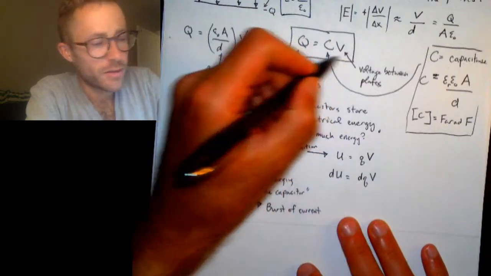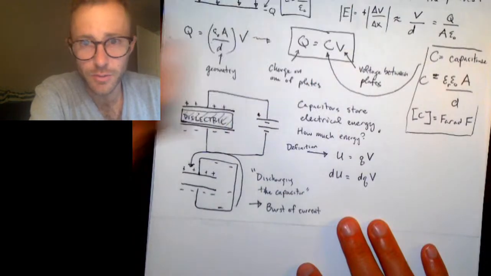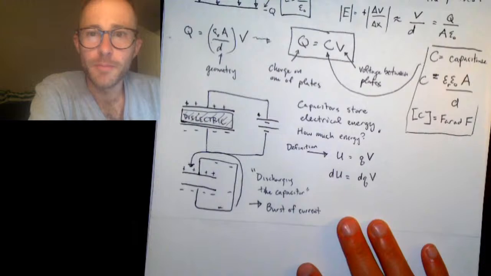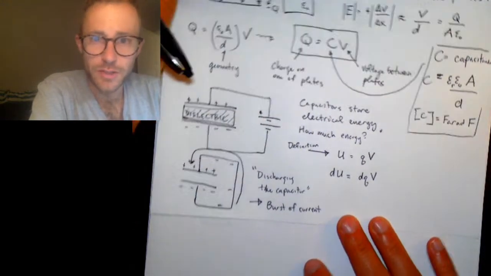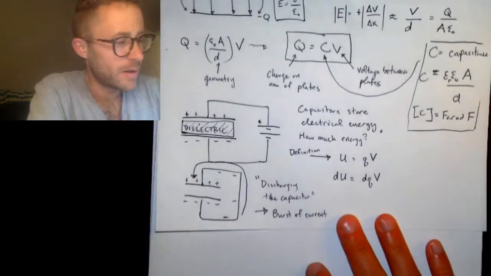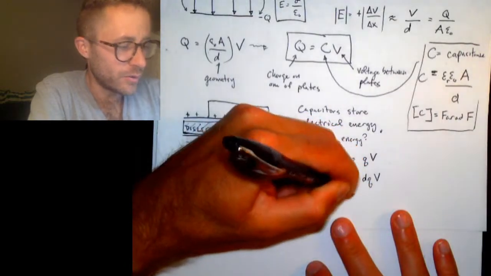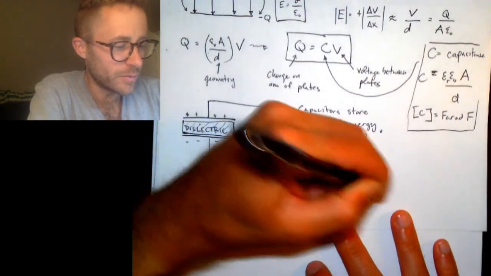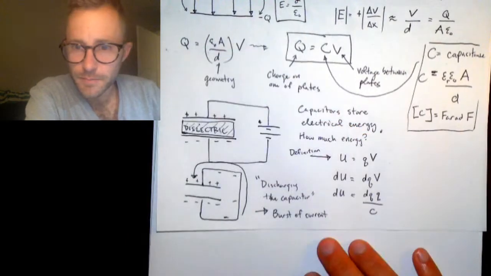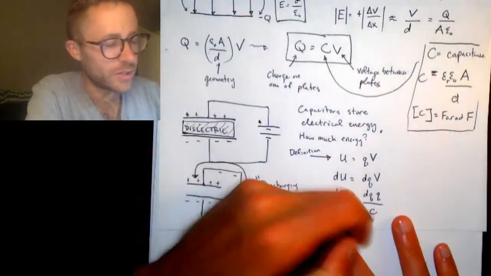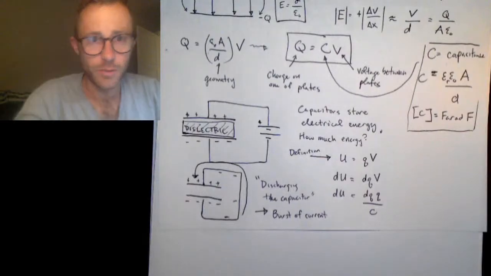Then I'm going to take the fundamental capacitor equation, Q equals CV, and divide both sides by C and get V equals Q over C. So now I have dU equals dq times Q over C. Remember, C is a constant. It just depends on the shape of the capacitor that we've manufactured.